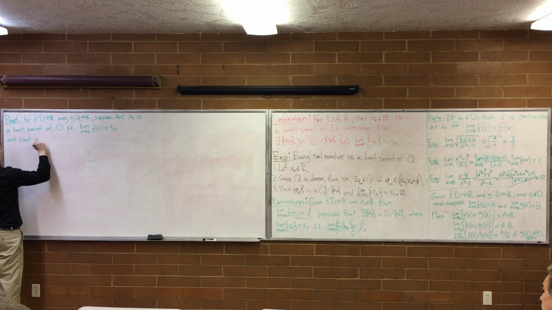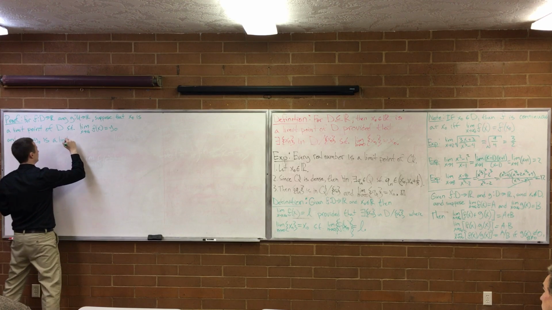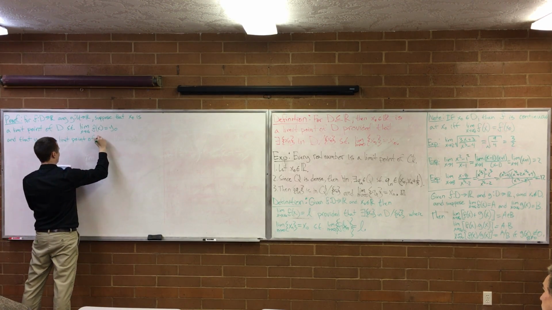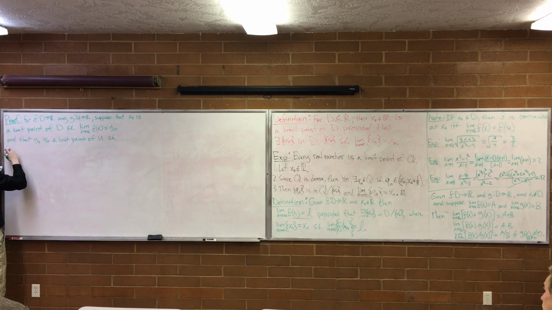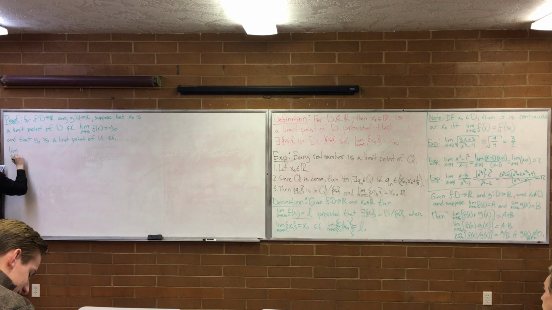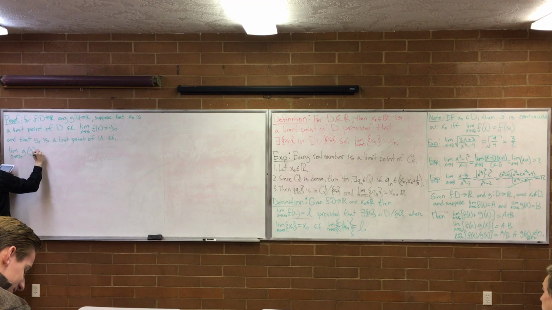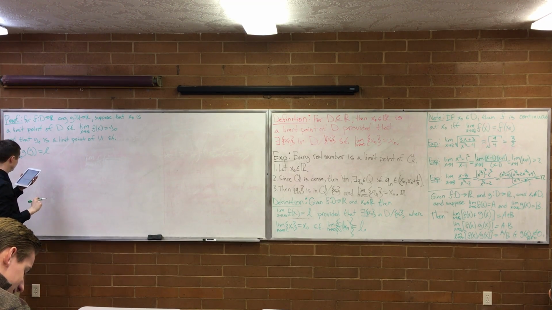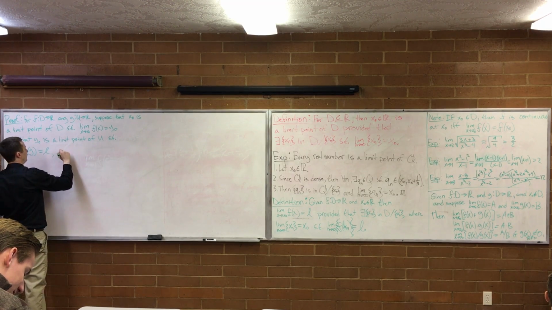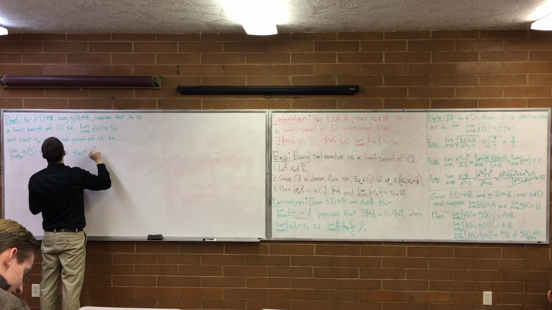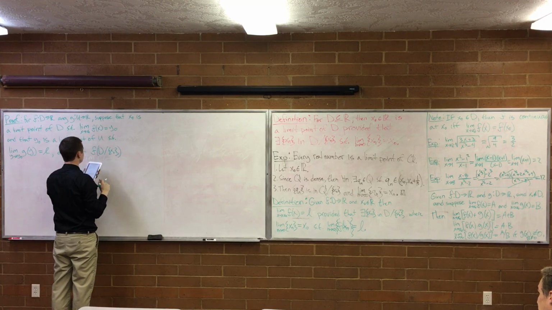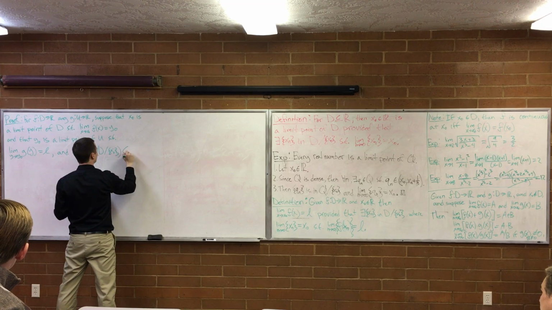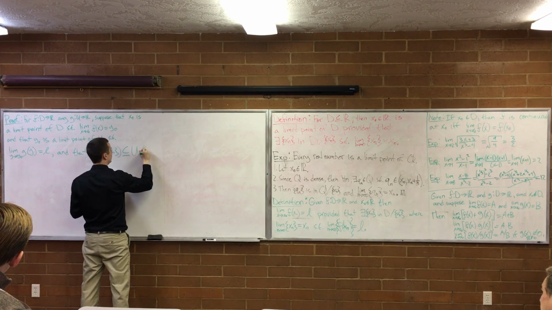And that y naught is a limit point of U such that the limit as y goes to y naught of g of y is equal to L. And that f of D, except for x naught, is a subset of U minus y naught.